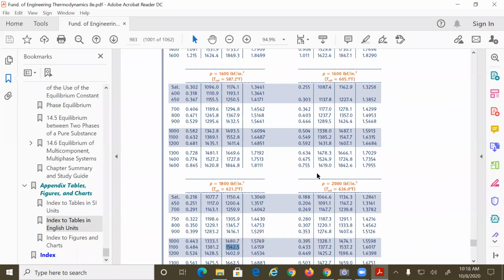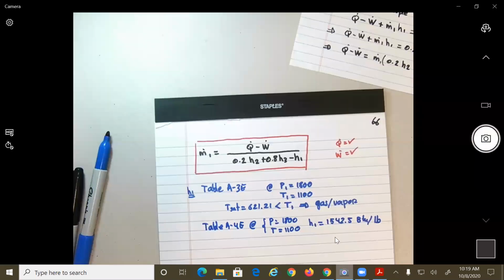So then we go to table A4E at P equal 1800 and T equal 1100, and we get that H1 is equal to 1542.5 BTU per pound.